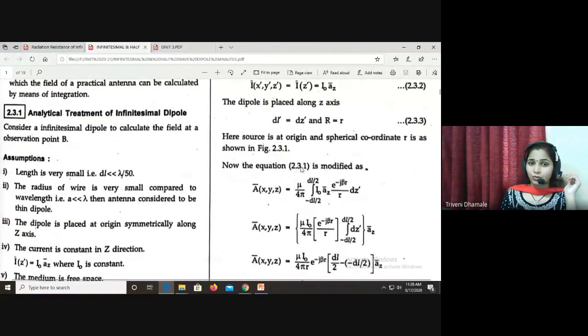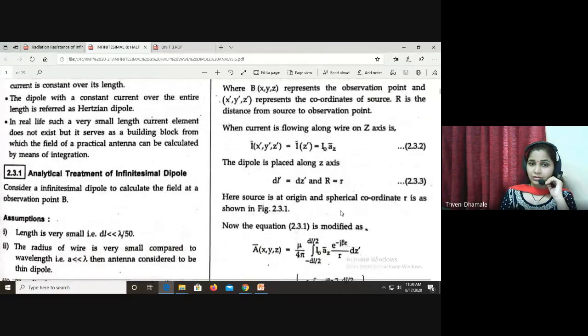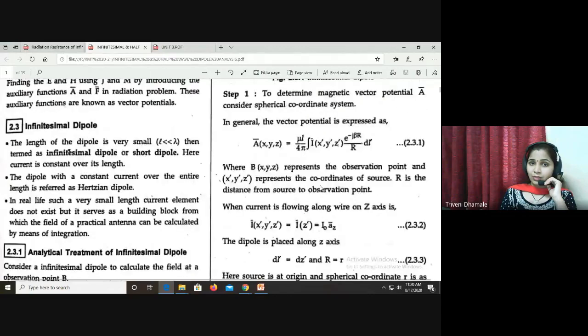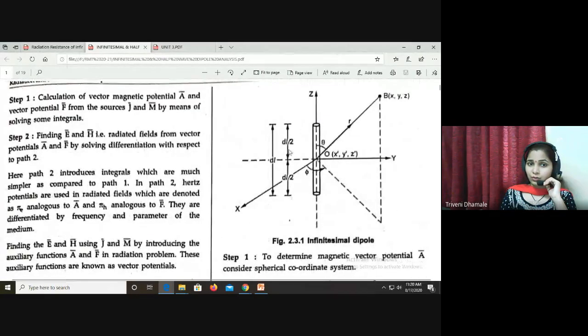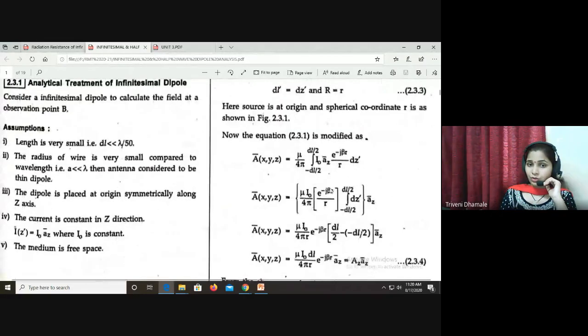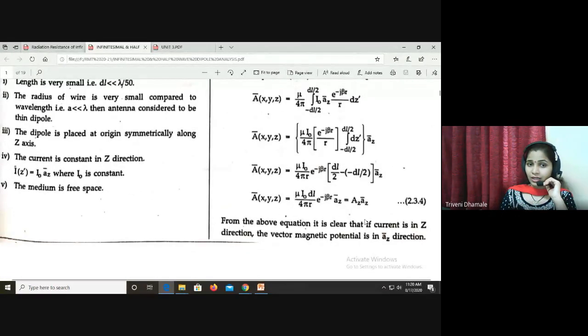Now equation 2, this one, we have to modify. We have to put mu upon 4 pi, a constant, integrated from minus dl by 2 to plus dl by 2, because the dipole extends dl by 2 on each side. When we solve this, we get this equation for A bar. So A bar (x, y, z) is equal to mu I0 dl divided by 4 pi r, e raised to minus j beta r, az cap.